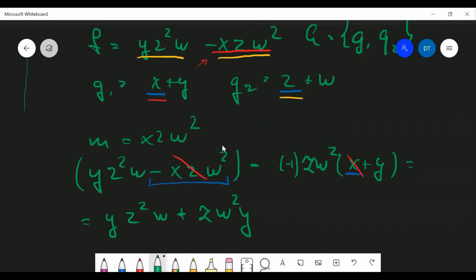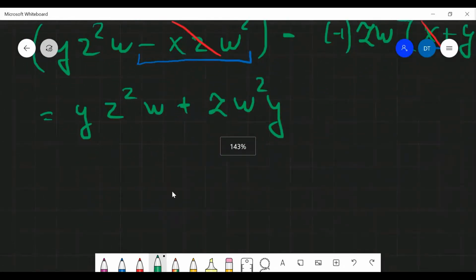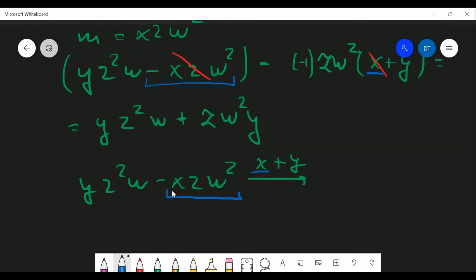So instead of doing this work, we could write these directly. When you reduce this term by this guy, you just replace x by minus y, and it's faster.